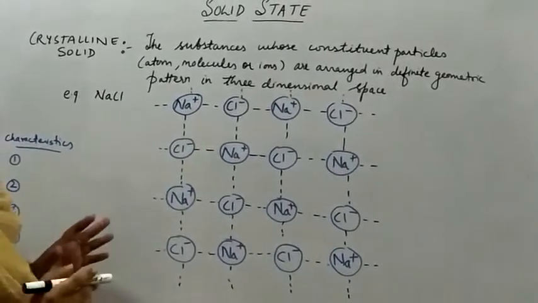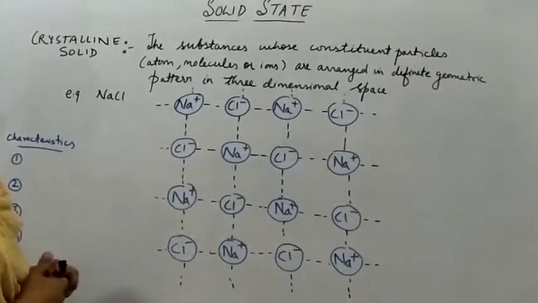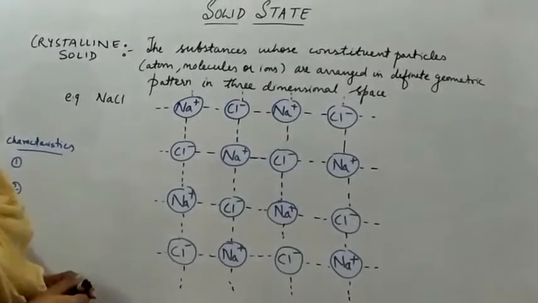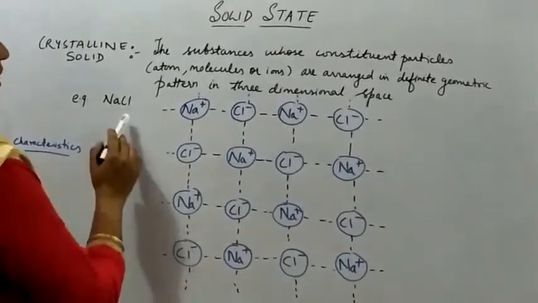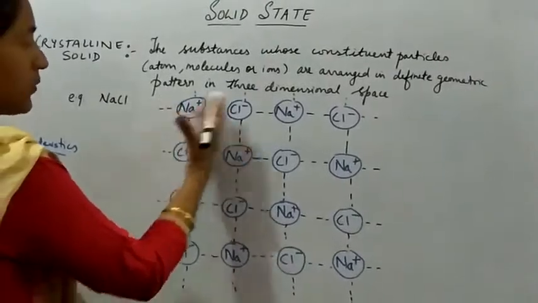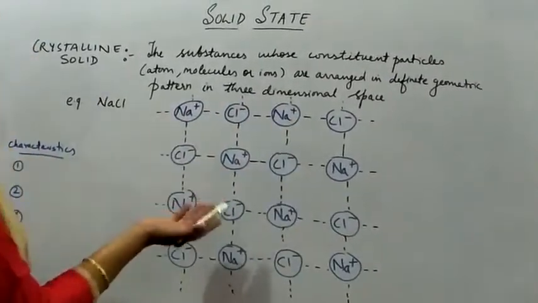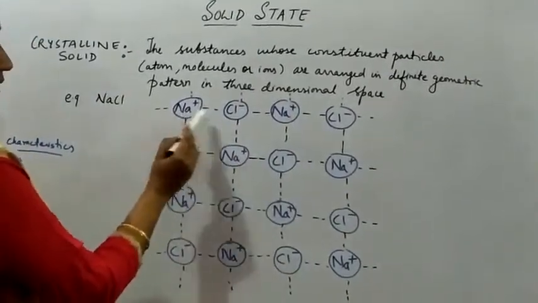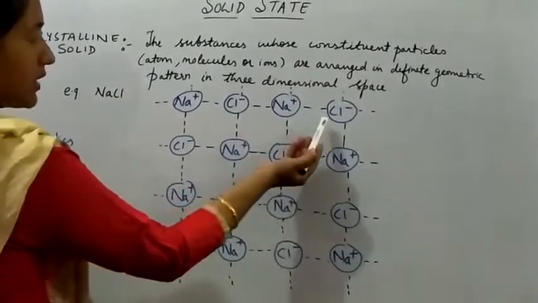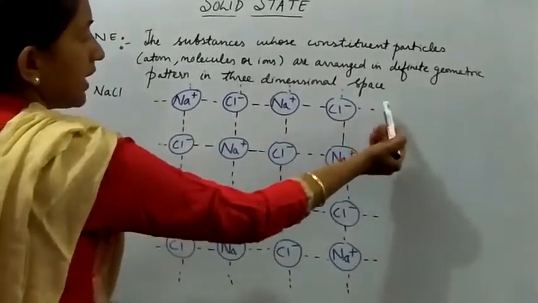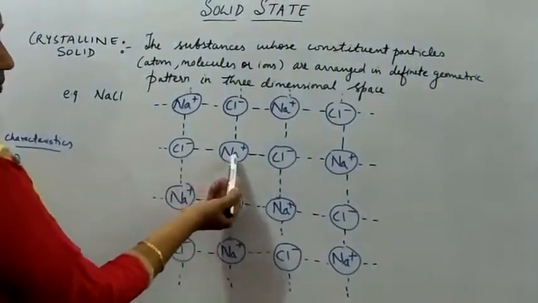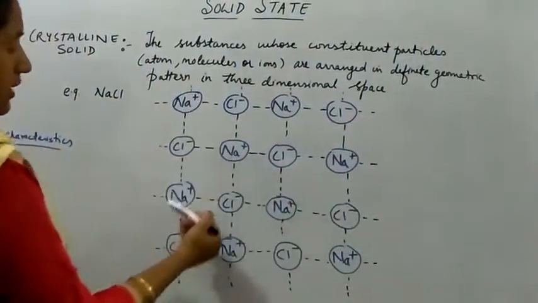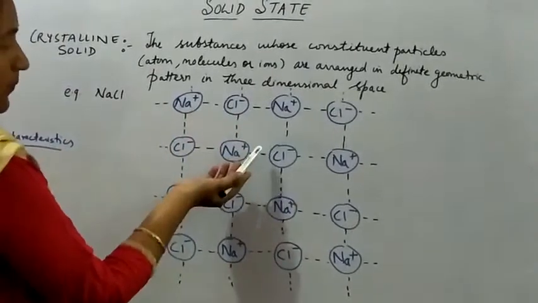When we take NaCl, sodium chloride, we are not going to take a single molecule. There will be a number of molecules. The arrangement is Na plus Cl negative, Na plus Cl negative, and it will be carried ahead, Na plus Cl negative. In the same way here, Cl negative, Na plus Cl negative. So you can see that there is a regular arrangement.